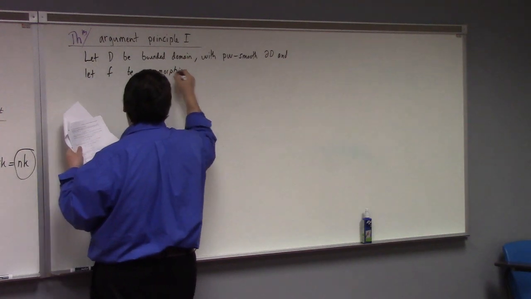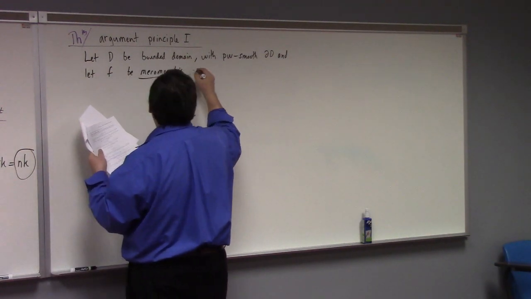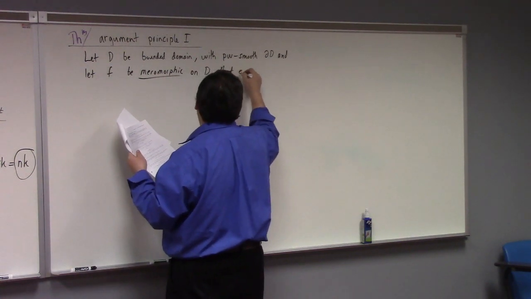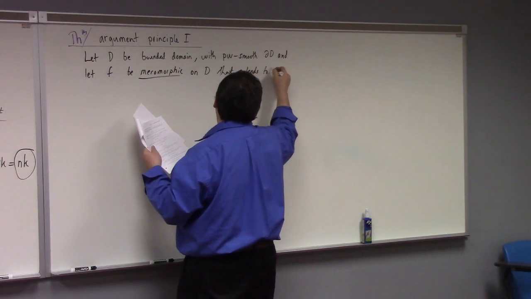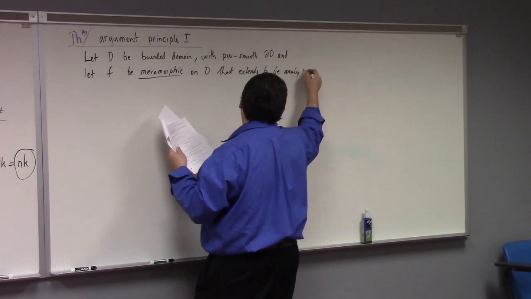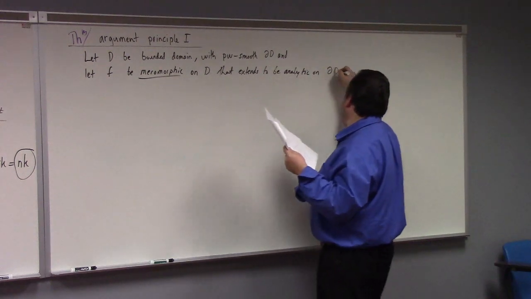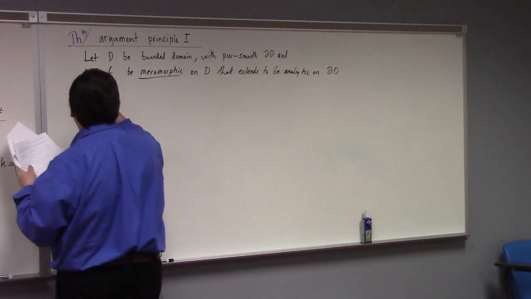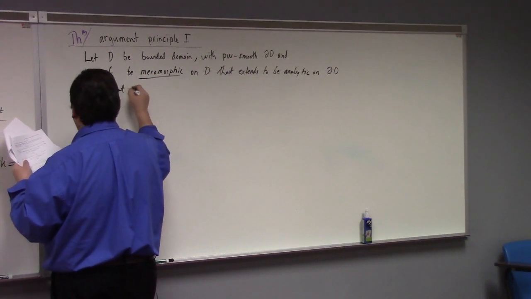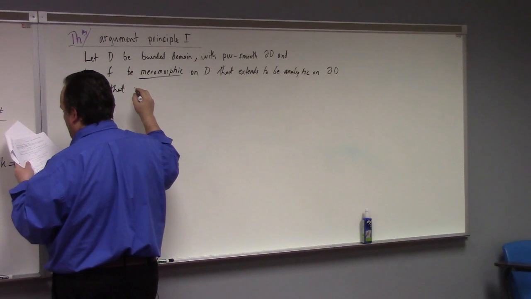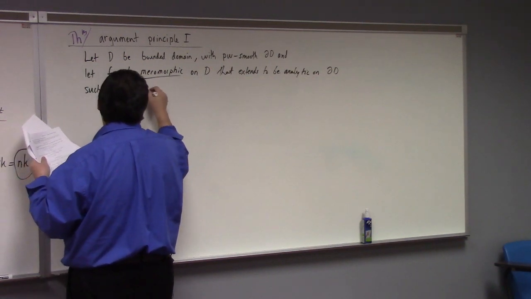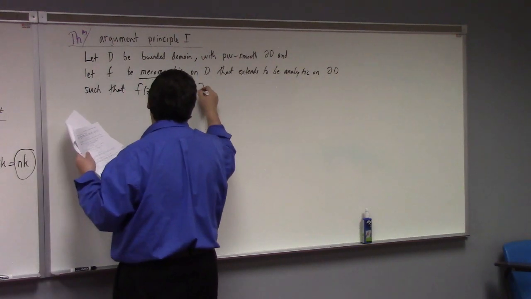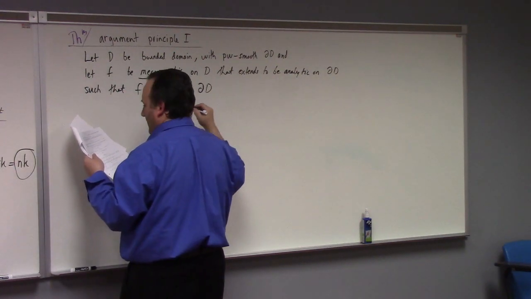What's that mean? Meromorphic on D, that extends to be analytic on the boundary of D, such that f(z) is not equal to 0 on the boundary of D. All right.